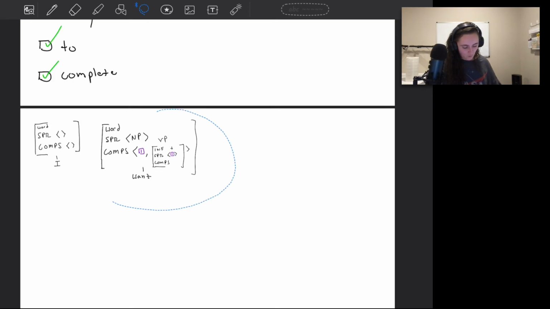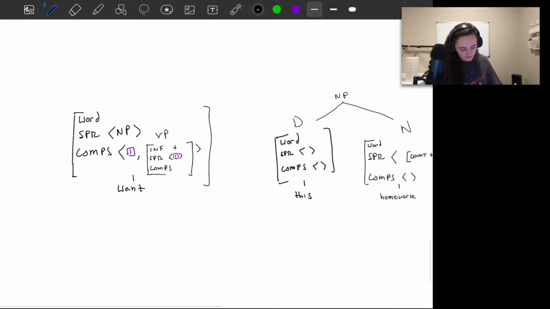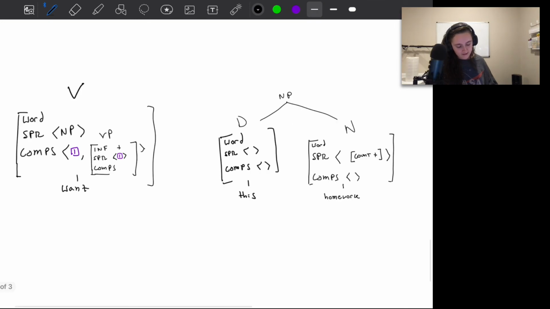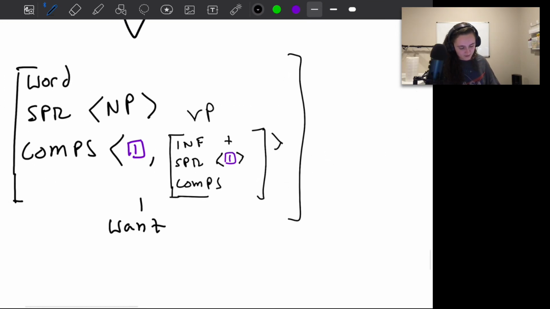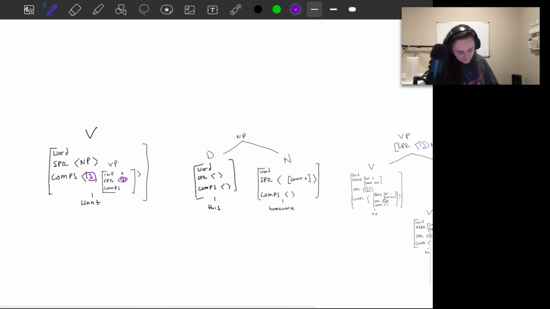So now we're going to bring want down, and so this is a verb, and its first complement is identified with the specifier of its second complement. So I'm going to change this to that 3 tag we've been using, and now this noun phrase node is that 3.